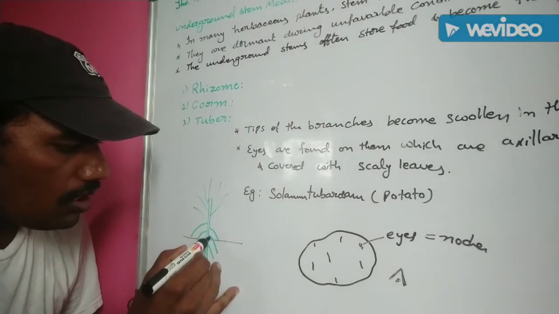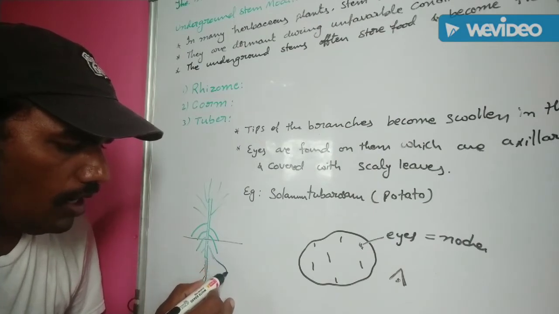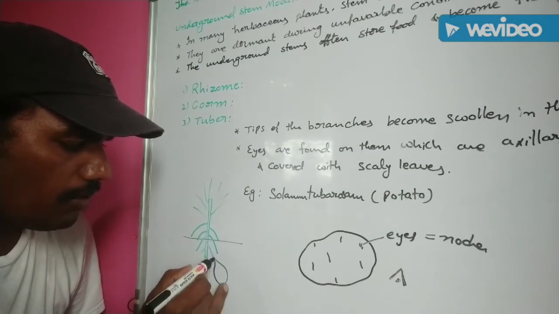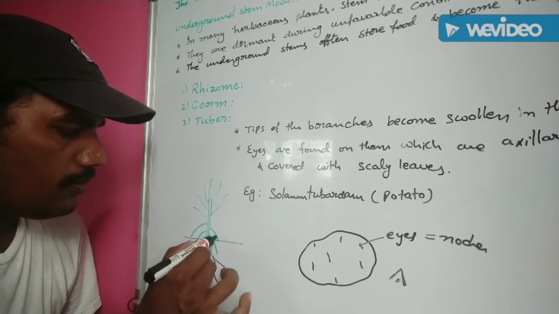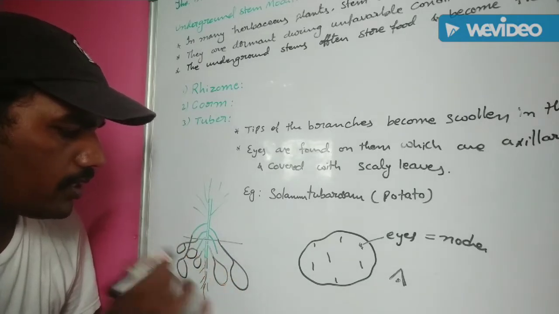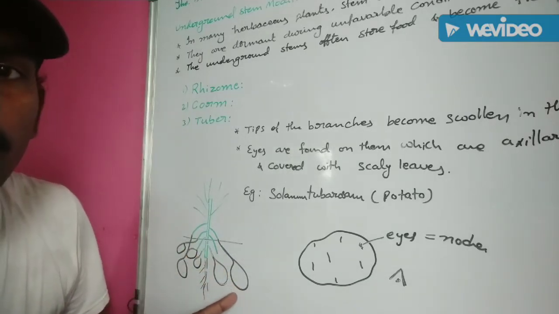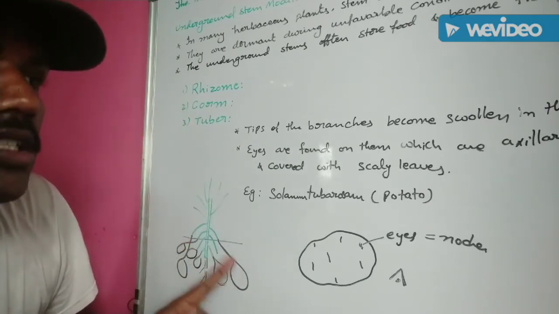The branches nearest the soil grow into the soil, and the tips of the branches become swollen and form tubers. These are called stem tubers because these tubers are a modification of the stem.